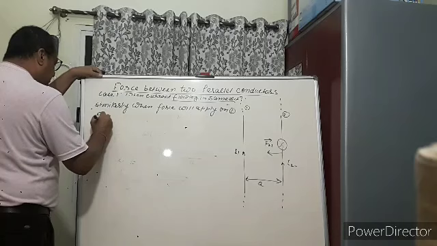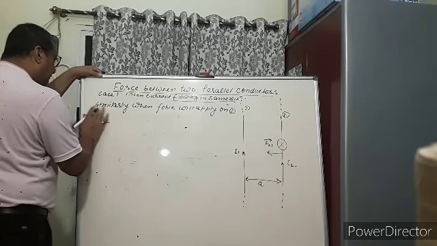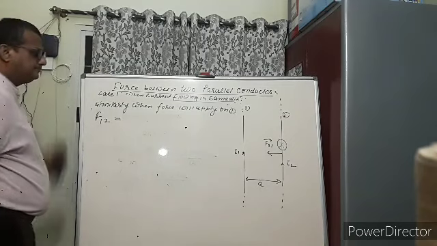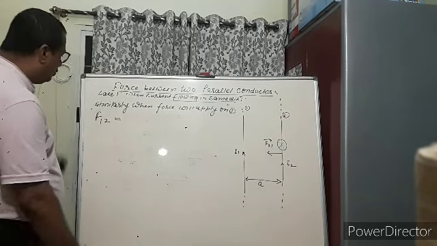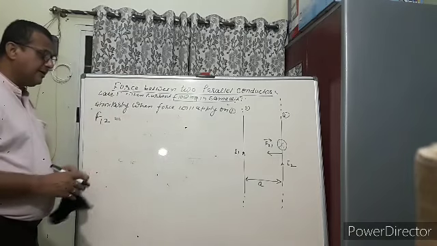So the force acting on 1 due to 2, that is, the force acting on the first conductor due to the second conductor.